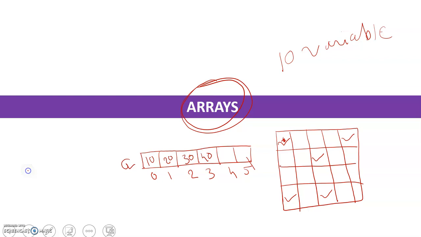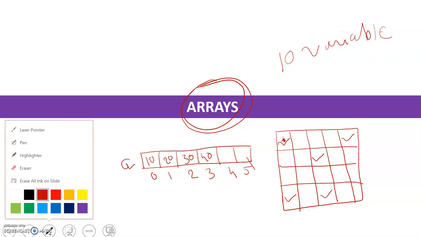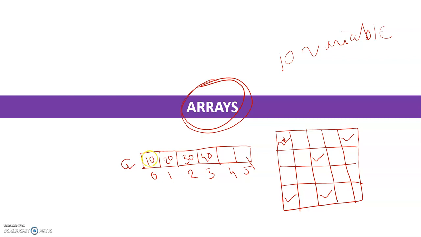As you can see, you can store only similar type of data, integer, but if I want to access this 40, I can only go through index 3. If I ask what is there at index 1, that is 20. But to work with the array, we need one name, and that name is the array name, and we call it the base address.